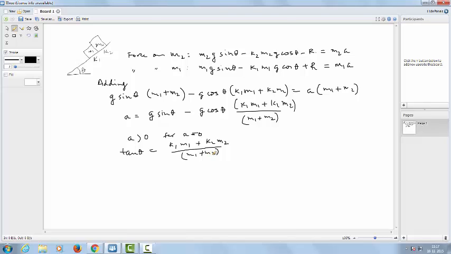Now we can use the value of a in order to find the value of r. We can substitute the value of a in any one of the equations, either 1 or 2. Let us substitute in equation 1.